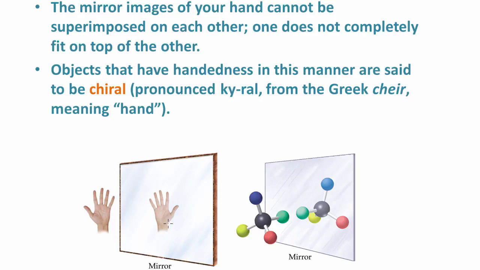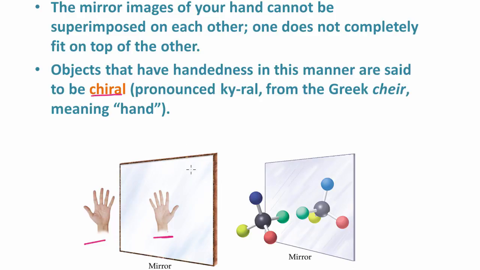I cannot superimpose the mirror images of my hand on each other. In other words, one is not going to completely fit on the other. So if here I have a hand, here I have the mirror image. If I rotate this mirror image, I cannot superimpose it on my hand. So objects that have handedness are said to be chiral.